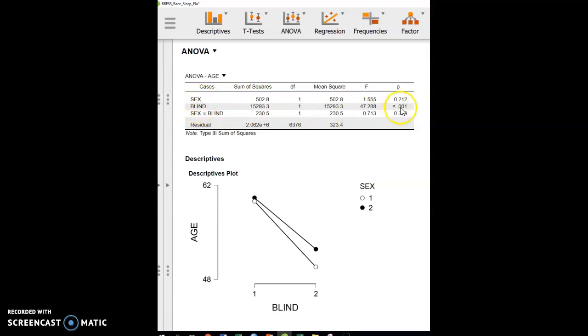However, for the blind and non-blind, between those two groups, there is a significant difference in average age. We're seeing that come in as below 0.05.